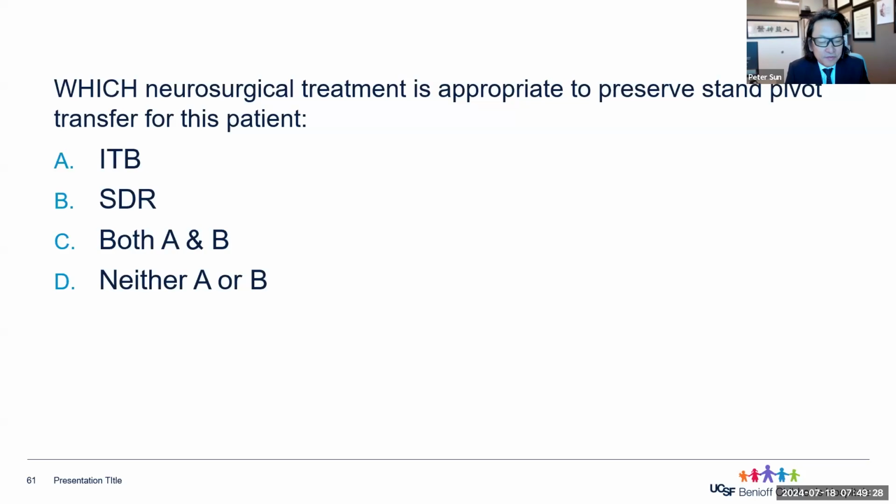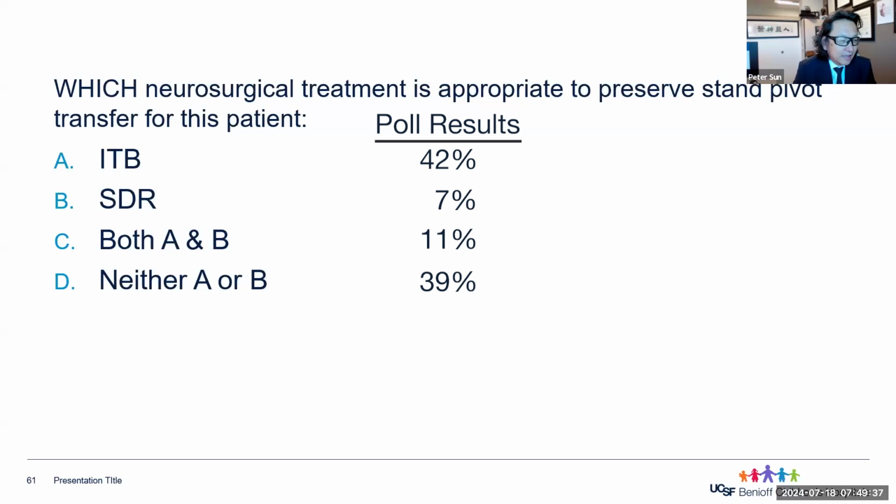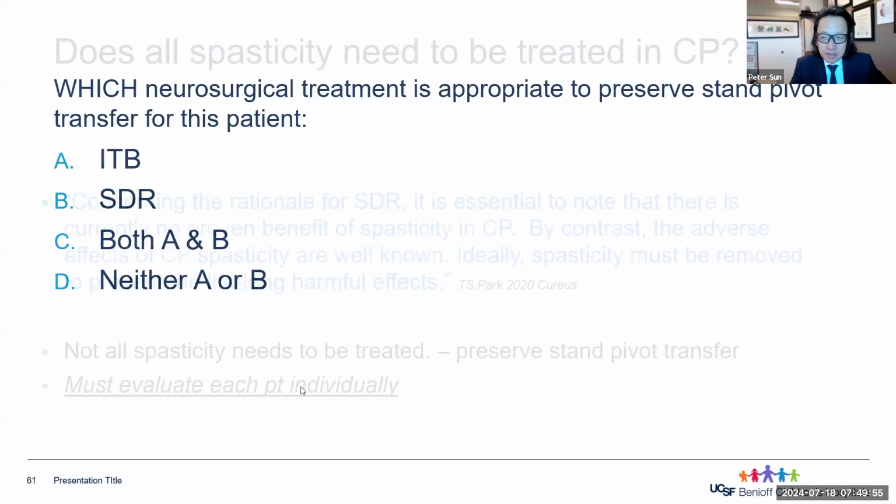If we're going to preserve this. I know our answer isn't out yet, but I would agree. I would say SDR would have significant risk of taking away that spasticity. So that one function that the family is kind of counting on these days, which is the stand pivot transfer, could be lost.